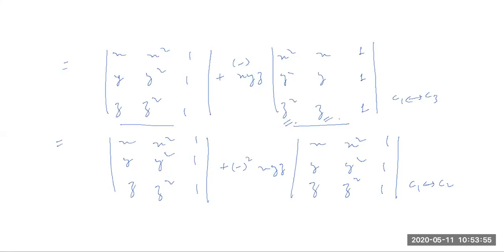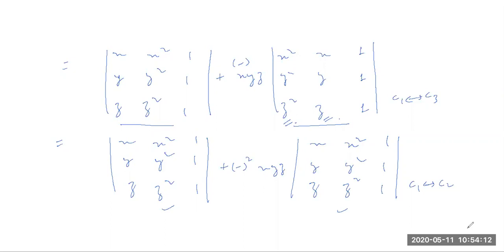So if both these determinants are same, now see, these determinants are coming same, that means we can take the same thing common. So it will be equal to, just take the same thing common: x y z, x square, y square, z square, and 1, 1 and 1.